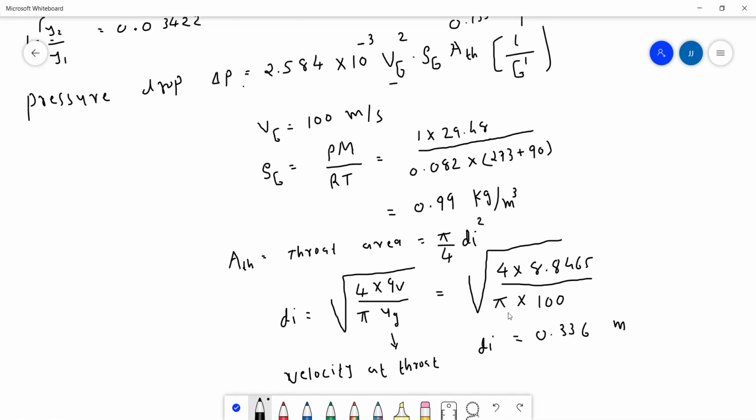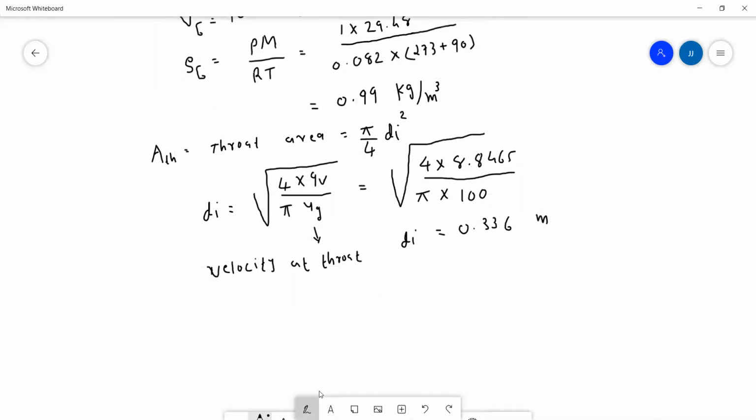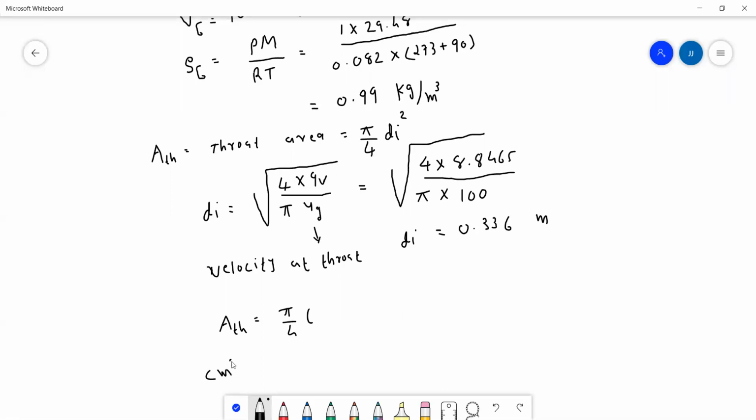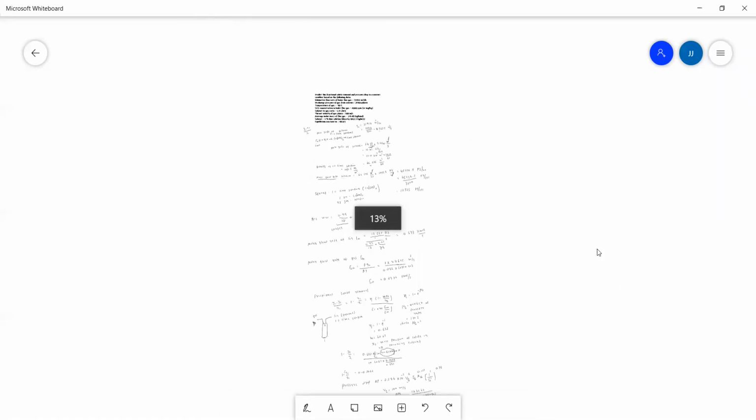All right. So this is di, but we have to calculate the area. ATH, the area of throat, is equal to pi by 4 di square. We have to find this area in centimeter square, because in this equation the area is in terms of centimeter.